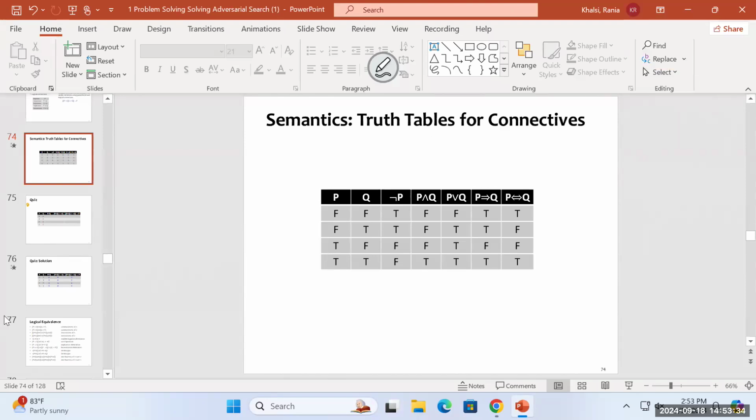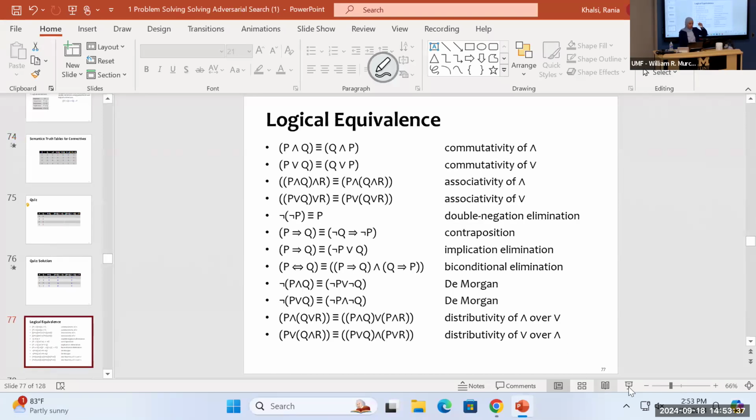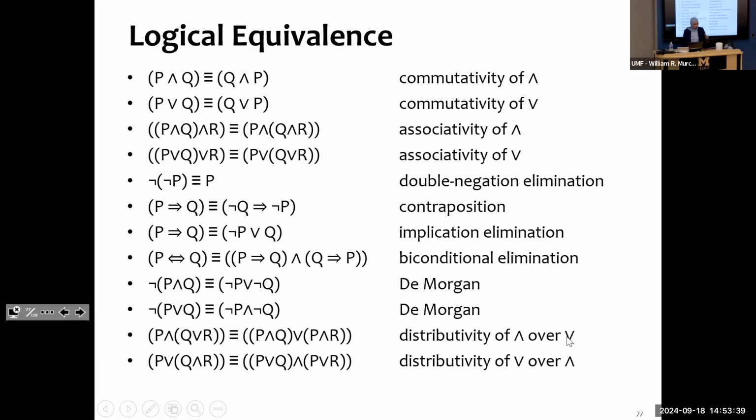Okay. So now let's move to the second part. I think we came through this one last time. What we have now are logical equivalences, where each time we have some representation of this knowledge and it's equivalent. It means if I write this or this, it is the same thing. So P and Q is the same thing as Q and P. So we have the commutativity of the AND.